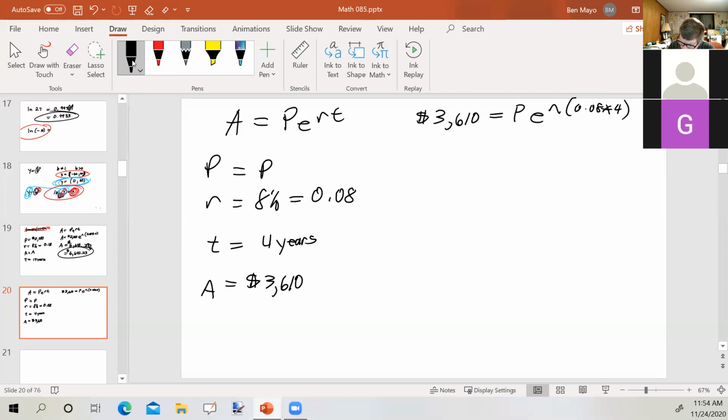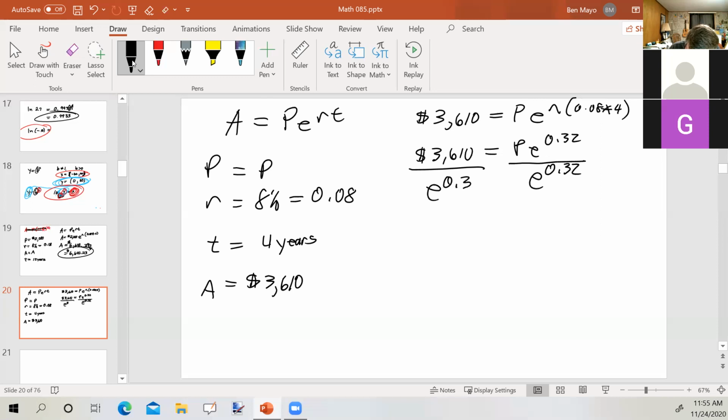Well, now I'm trying to solve for P. So what I'm going to do next is I'm going to predetermine what 0.08 times 4 is, which is 0.32. Okay. And the reason I want to do that is because now to isolate P, I'm going to divide both sides by e to the 0.32 power. So I get P equals $3,610 divided by e to the 0.32 power. Okay, see how I did that?